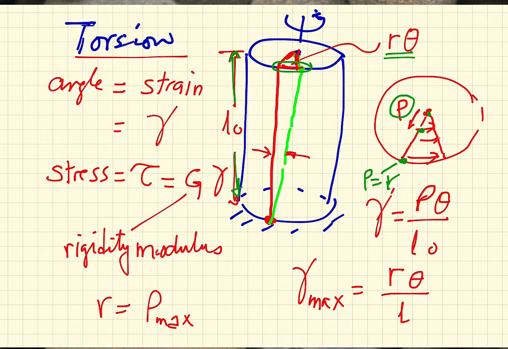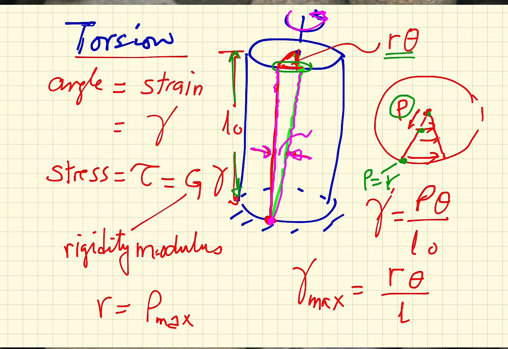And if I have on the outside of the shaft a fiber, for example, this fiber here, and the end point of the fiber is fixed, then after the twist, if I apply a twist here, this fiber becomes the green fiber that was there, and the angle that describes this motion is gamma.